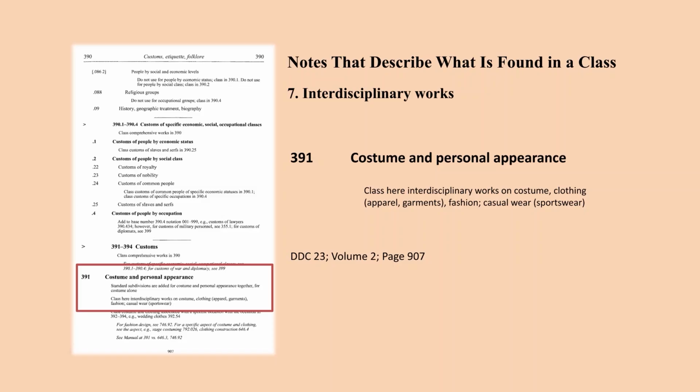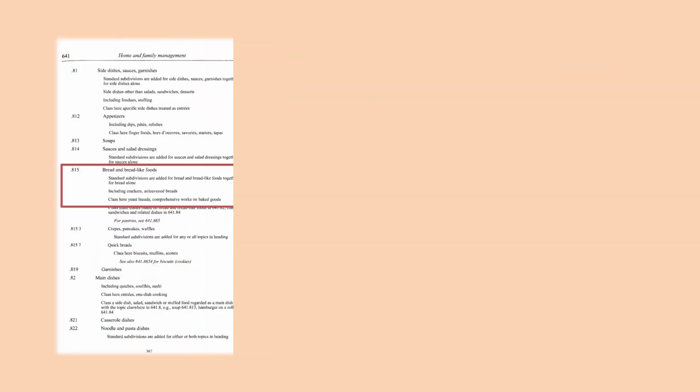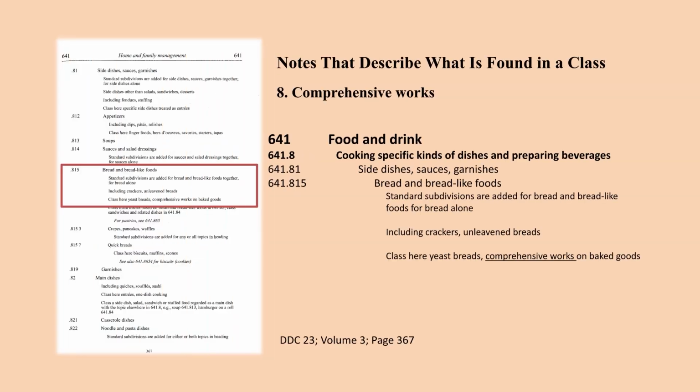The final one of this group is comprehensive work. The comprehensive work clearly mentions that under a particular class, all the categories or the facets related to this particular heading come under the class where the comprehensive work note is available.